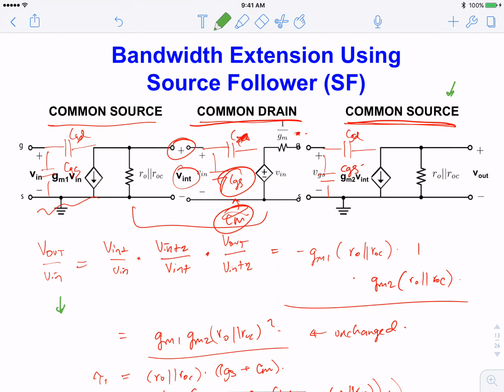You know, we have common source. Sometimes it's easier to put back the transistors rather than looking at the full-scale transistors. And we follow by a common drain, okay. Common drain. So this will be a source follower, okay.